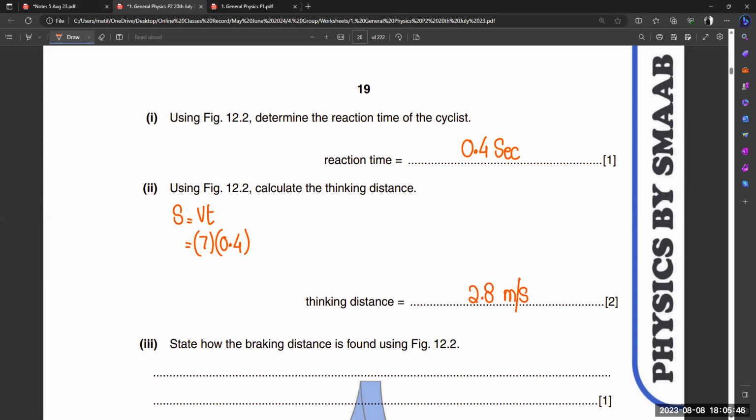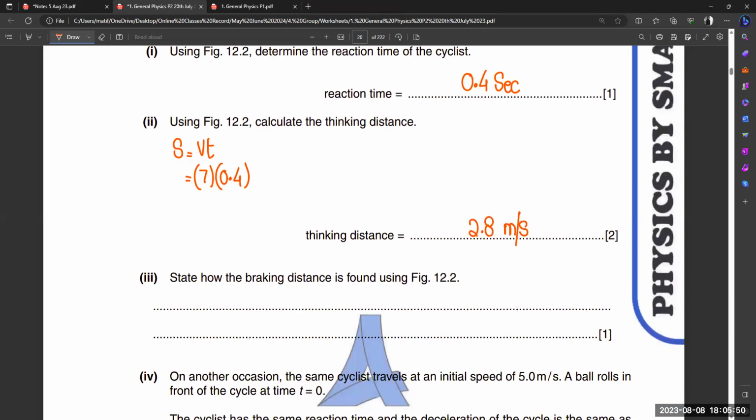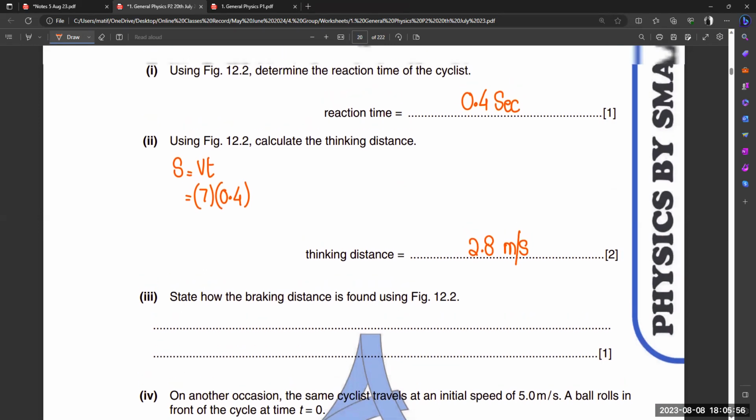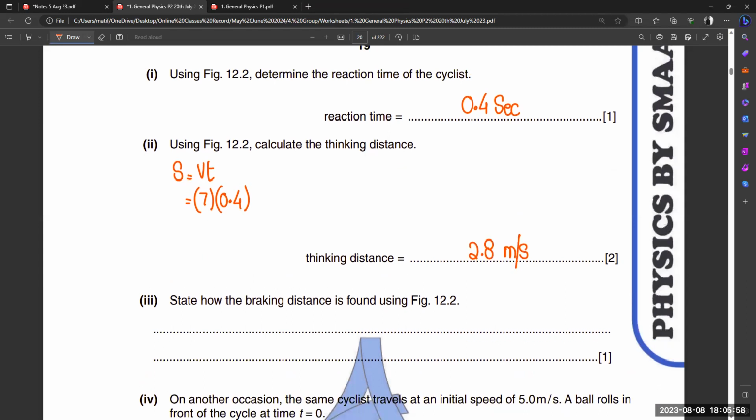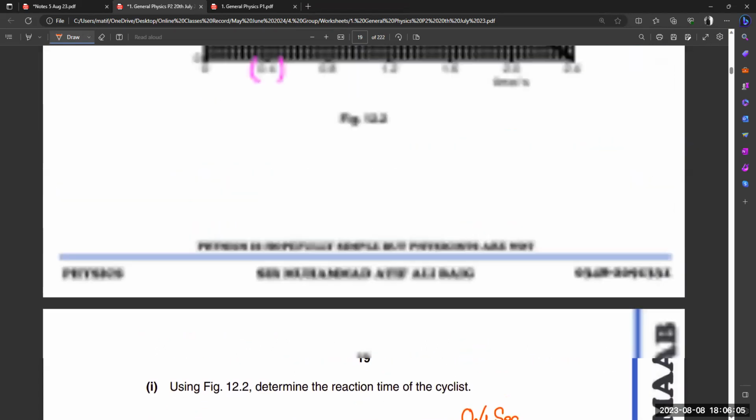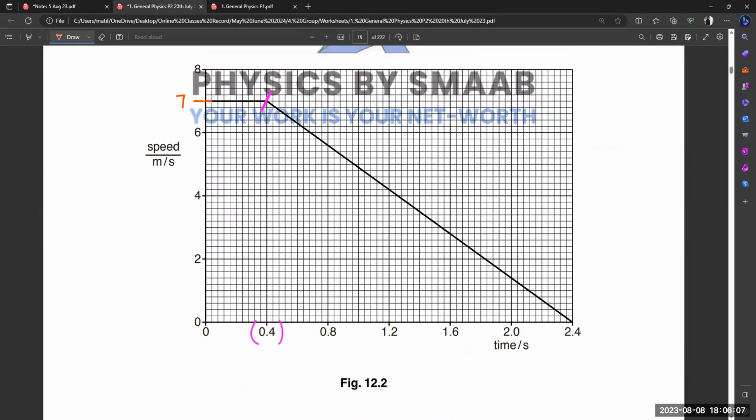The next part is the theoretical one. State how the braking distance is found using figure 12.2. They are asking about braking distance; in the previous two parts, we solved thinking distance. So how can we find the braking distance from 12.2? That is also simple.